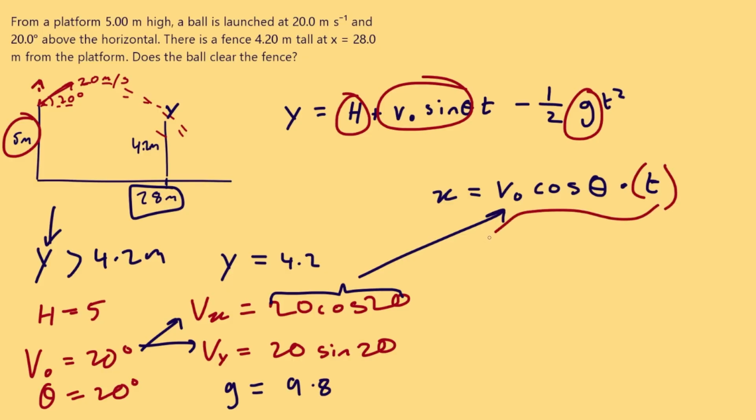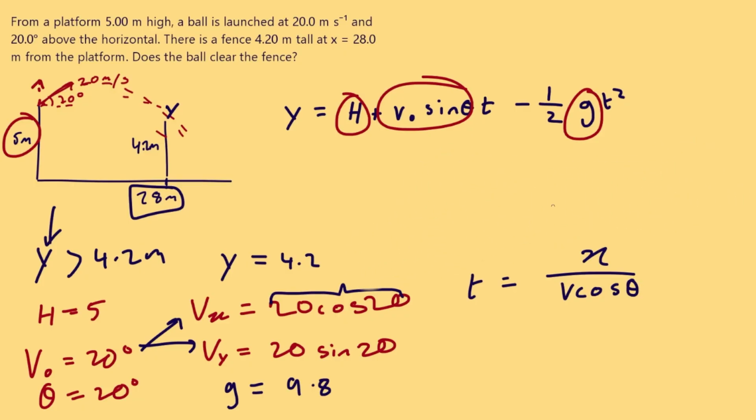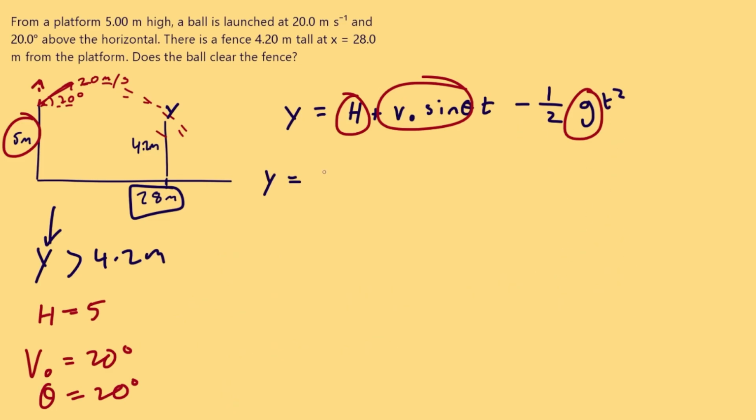Rearranging for time, you get t equals x over horizontal velocity. Now what we've done is we created a time equation that we can simply substitute into this. You might be asking, why don't we just solve for time here? Again, it's unnecessary solving. It would work, and then we can substitute the answer we get from this into here. But I like to do things symbolically with symbols, so we're going to plug this straight into here.